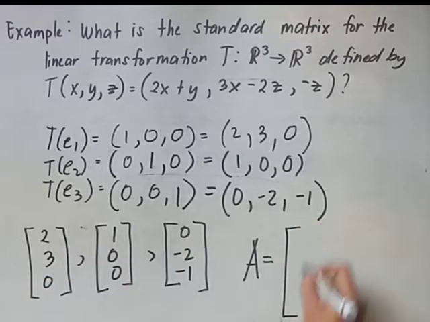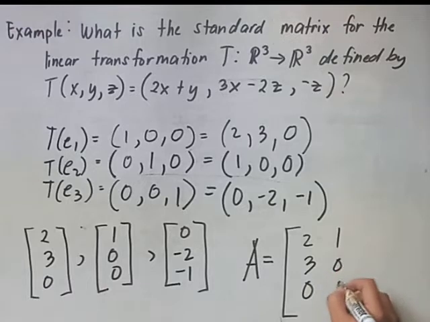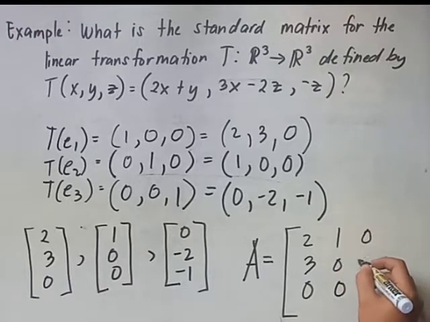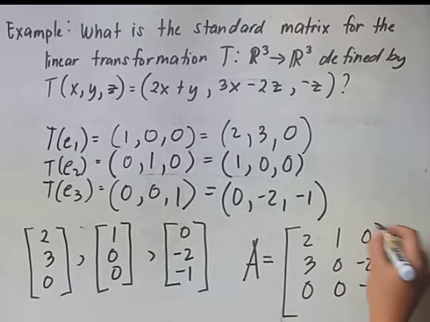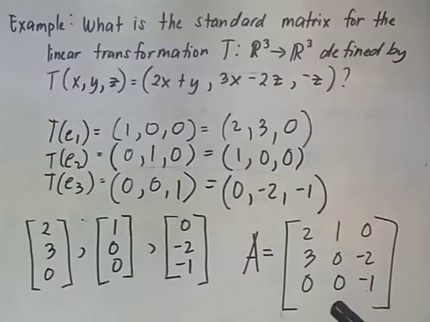So we have 2, 3, 0, 1, 0, 0, and 0, -2, -1. And this is now the standard matrix for the transformation.